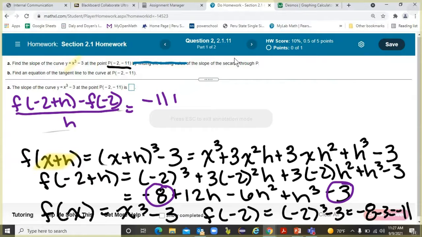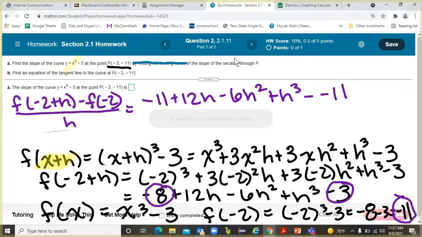Oh, that's the only one. So plus 12h minus 6h squared plus h cubed. And then notice it's minus the f of -2, and f of -2 is -11. So it's minus a -11. And then that's divided by h.